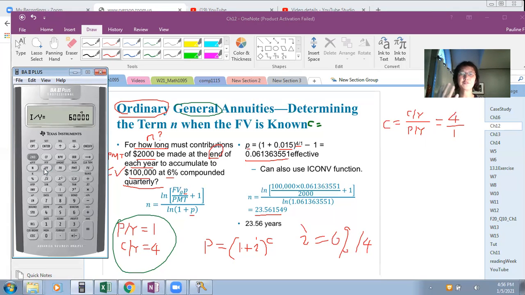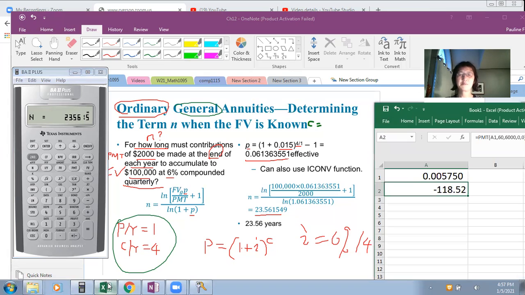You need to enter 4 numbers. So 0 is PV. Last step, compute term N. You get exactly the same number as we use formula. Okay. So this is a calculator method.